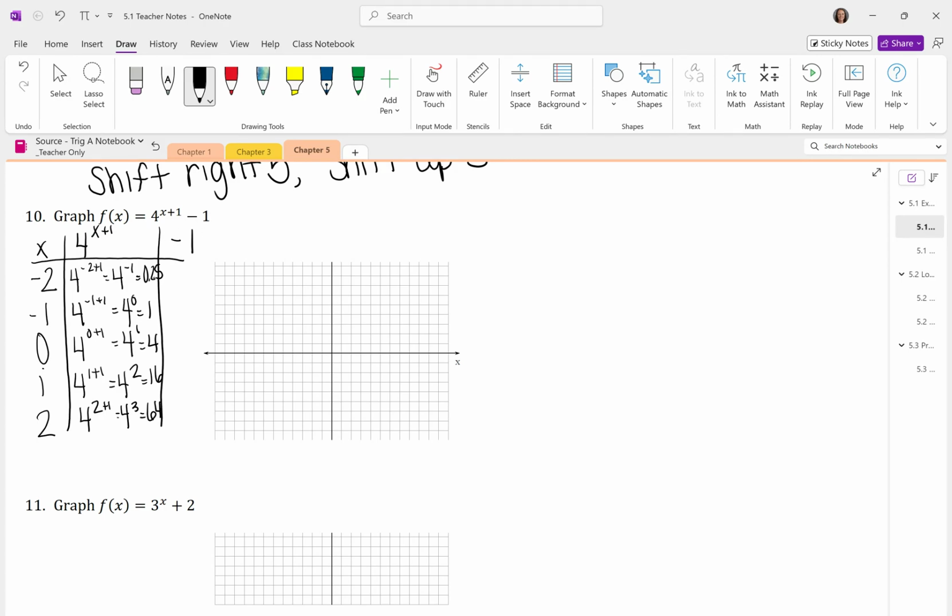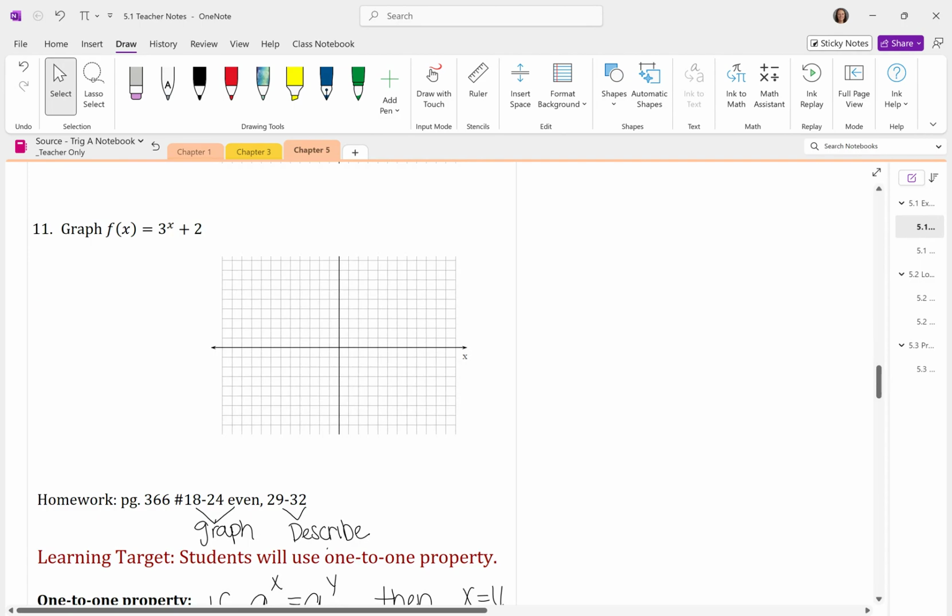So 0.25 minus 1 would be -0.75. Then 1 minus 1 would be 0. 4 minus 1 is 3, 15, 63. Now again, I'm not too concerned about your graphing because these are going to be very hard to graph. So I just more or less want you to make the t-chart.